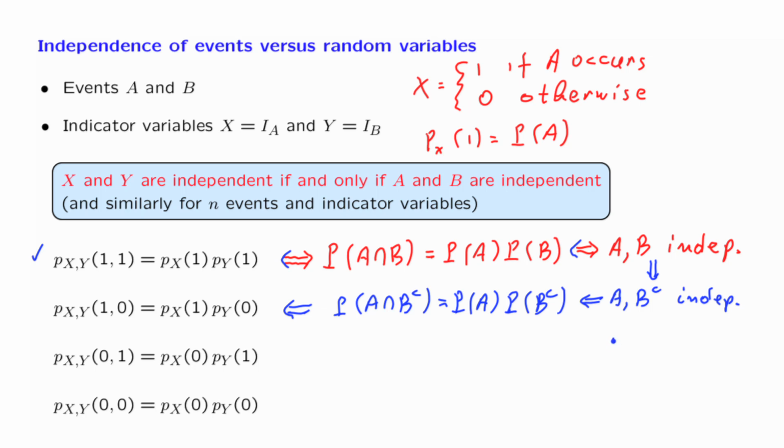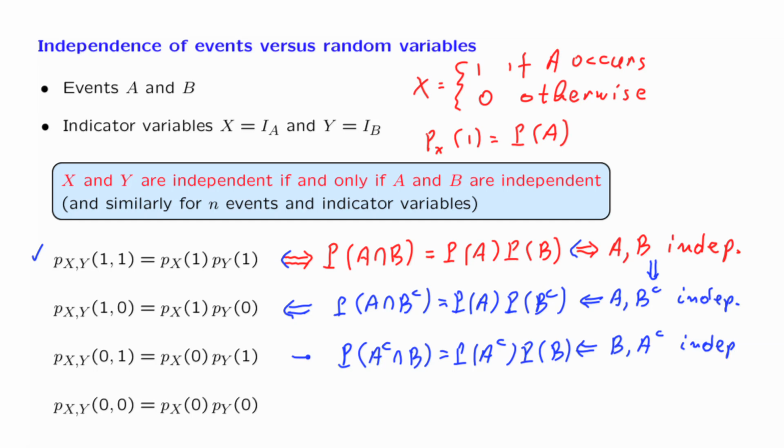By a similar argument, B and A complement will be independent, and we translate that into probability notation. And then we translate this equality into PMF notation, and we get this relation.